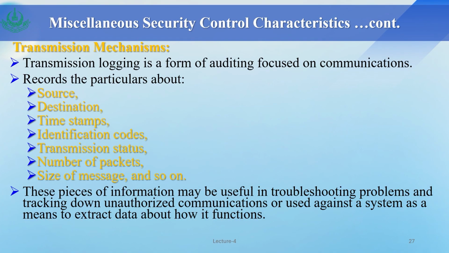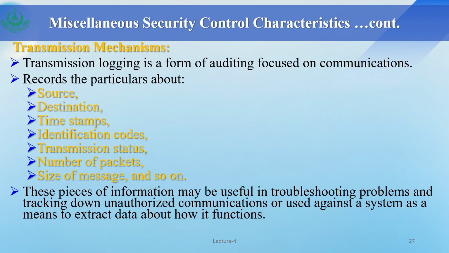Transmission mechanism logging is a form of auditing focused on communication. It records particulars about the source system, destination system, timestamp of communication, identification codes, transmission status, number of packets and messages delivered, size of the message on the transmission pathway, and so on.